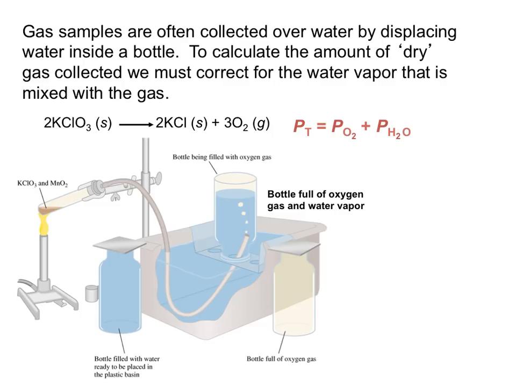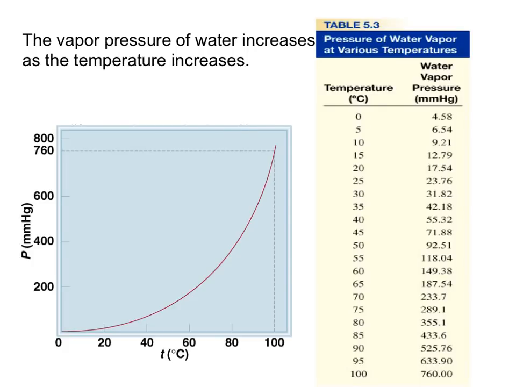So if we know our atmospheric pressure when we utilize this type of setup, we can subsequently figure out our pressure total. As your temperature is increasing, the production of your water vapor is also going to increase.